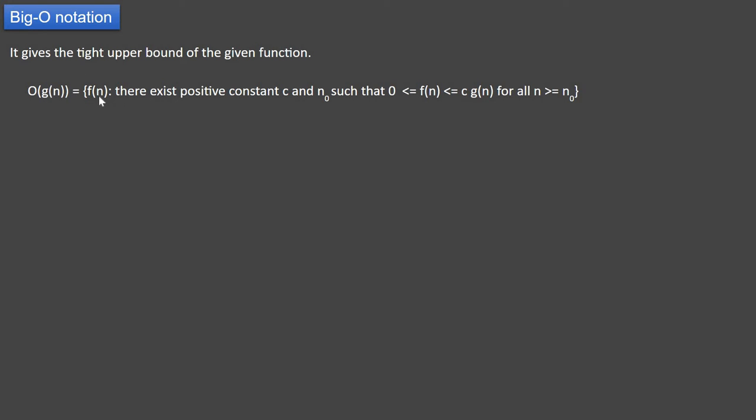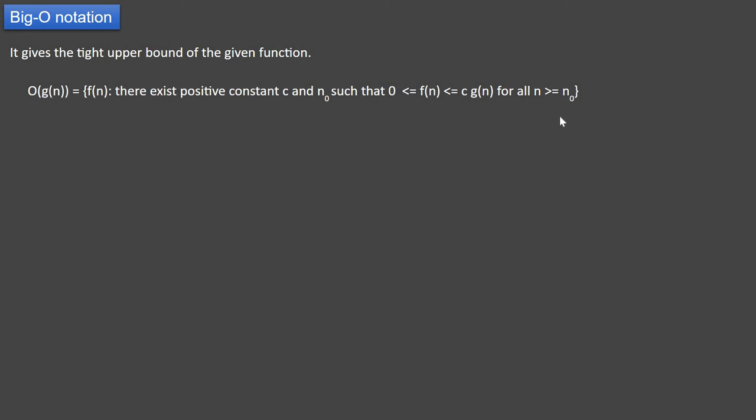And g(n) is derived from the f(n). And how is it derived? There exist positive constants c and n naught such that f(n) is greater than or equal to 0, and this g(n) is having a constant value c which is also greater than or equal to 0, also f(n). And for what values? These are n values which are greater than or equal to n naught.